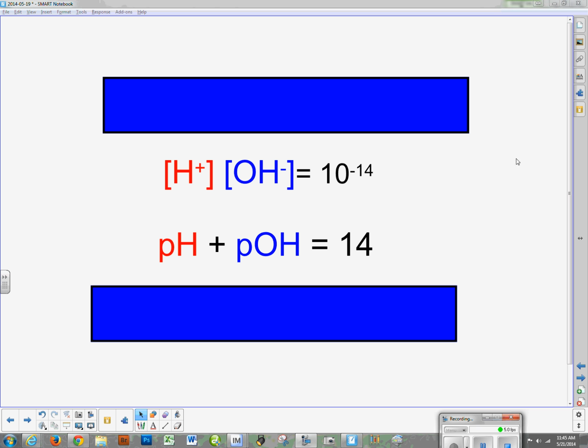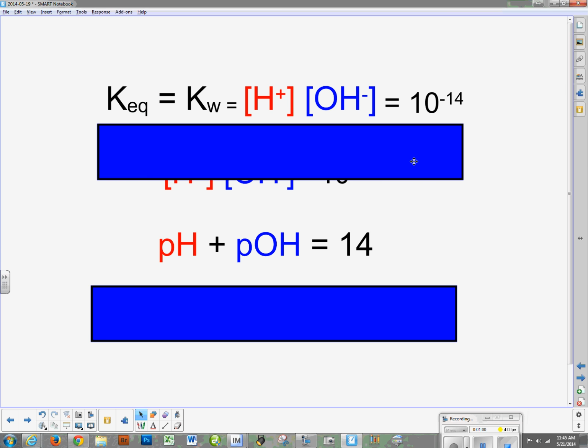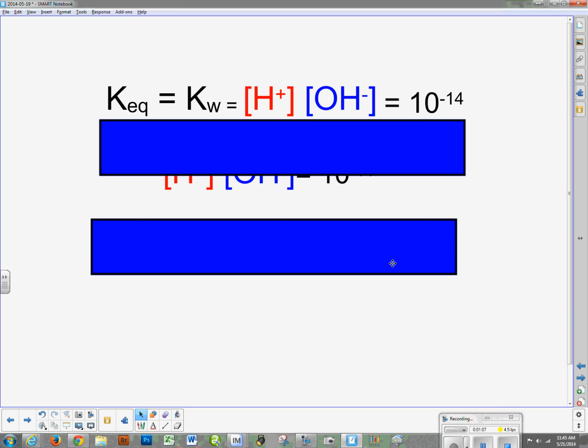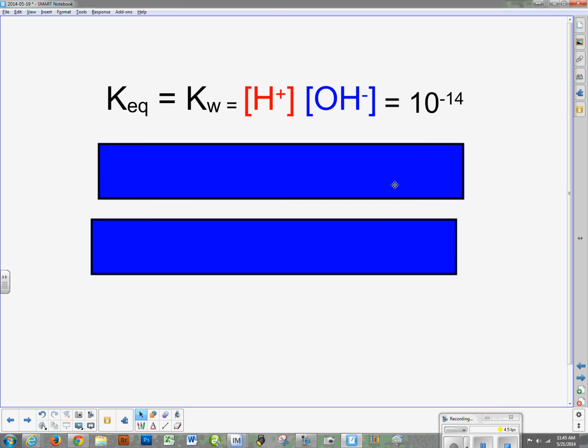After I introduce these basic formulas, and this first one actually comes from the K sub equilibrium, or the K sub EQ, which you see on the far left there. This K sub EQ here is actually the K sub W, or the equilibrium constant for the ionization of water.